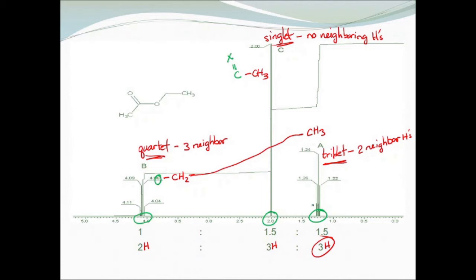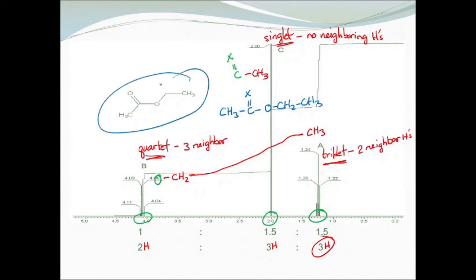We have these pieces. We would then put them together. We have our CH3 bonded to some sort of double bond. We also have our O CH2 CH3, and most likely these are bonded to each other. And in fact we get this product that I've shown here, the ethyl acetate.